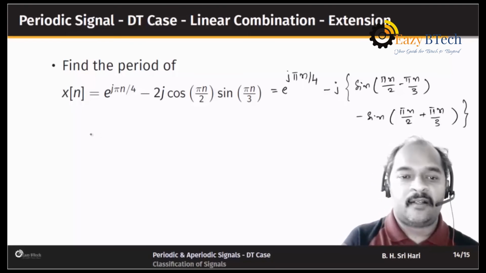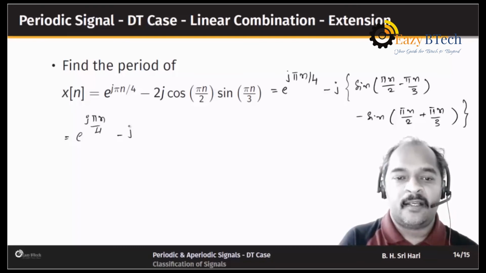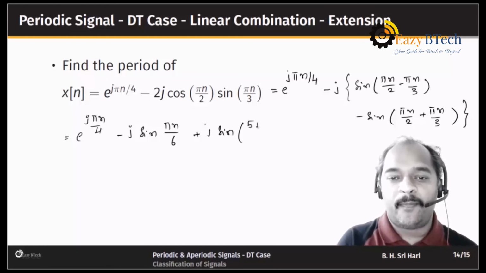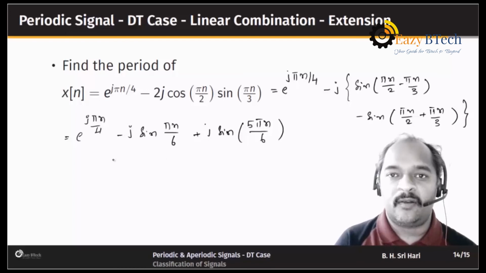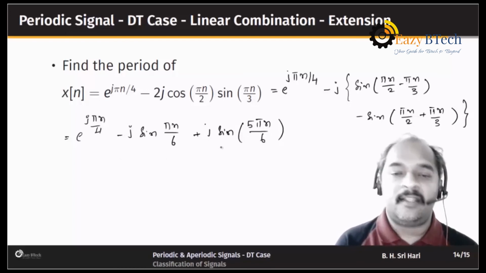Okay, so that simplifies to how much here? e^(j pi n by 4) minus j times sine(pi n by 6). So minus into minus is plus j sine, what do you get? 5 pi n by 6. Okay, and now this signal is looking like a x1[n] plus b x2[n] plus c x3[n].